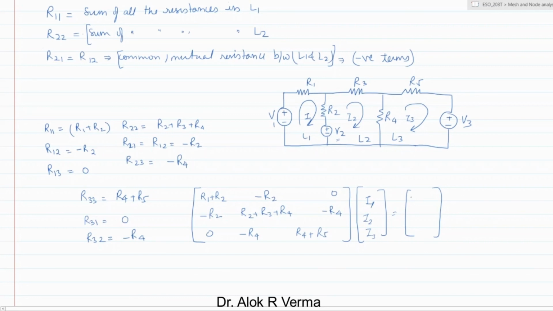So this will be nothing but V1 minus V2. And here, the current is assumed in this direction, so it will be taken as V2. And here the current direction is opposite to the source, so it will be taken as minus V3. So basically, the assumption is whether the current is being supported or opposed by the presence of the source in the particular mesh. Based upon that, this polarity will be given.